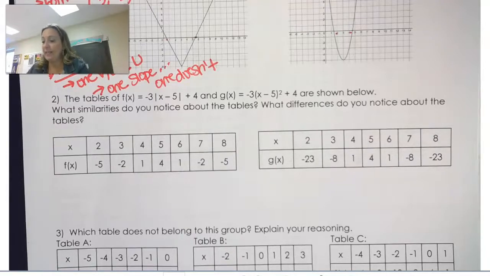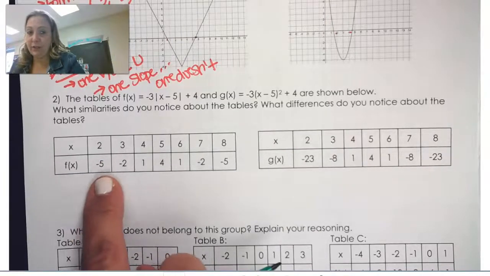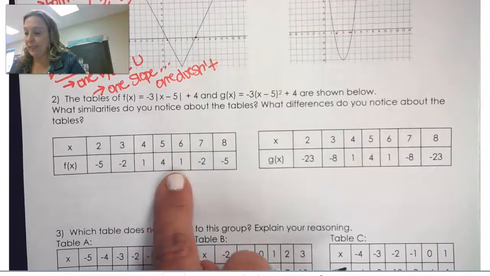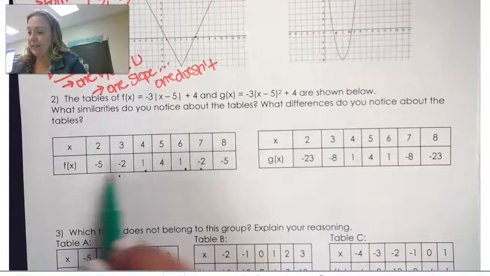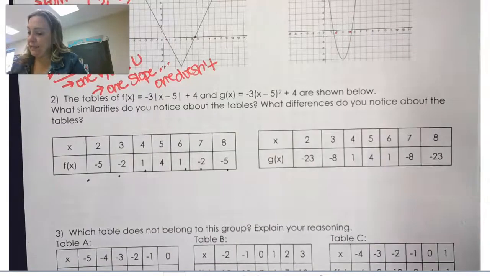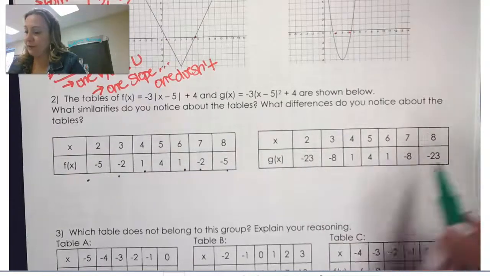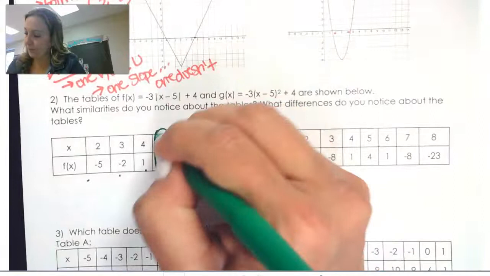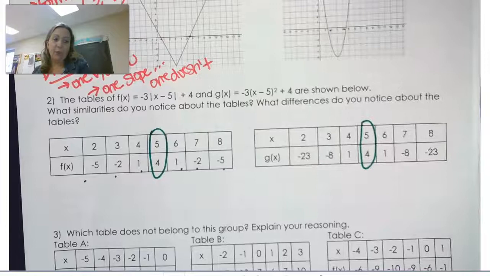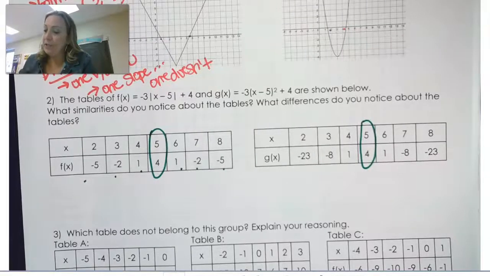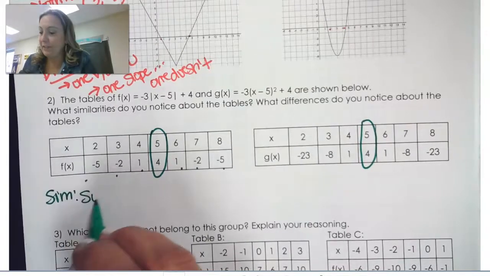Well, if we investigate the tables, one thing that we might notice is that the y values are going up and then going down, and that there's symmetry here. And here, the y values are also going up and down, and there's symmetry there. And the symmetry is around the same point.